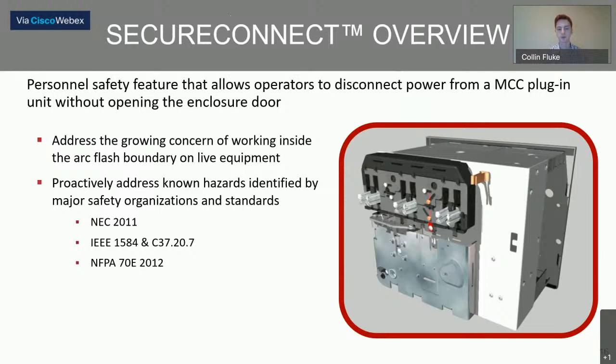So it does this by a mechanical mechanism that is operated on the front of the unit door. And upon operating that mechanism, the 3 power stabs actually rotate vertically 90 degrees into that black box, and then a spring-loaded shutter will close, isolating that bucket completely from power, with the ground stab still connected.